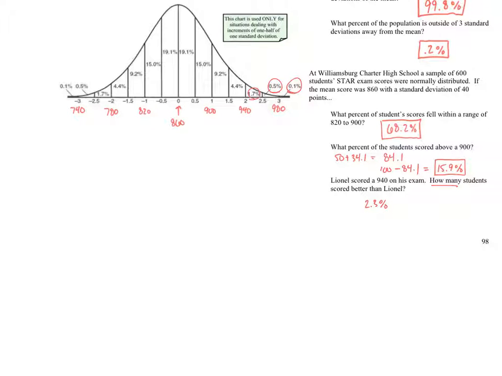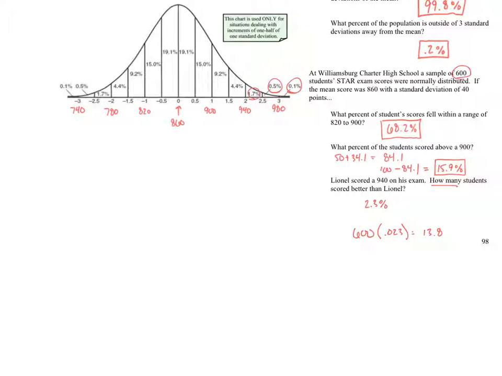So what is 2.3% of 600 students? Well, we'll do 600 times 0.023, and that gives us 13.8 students, which doesn't make sense because we need people, and you can't have 0.8 people. So when we're talking about a normal distribution, when we're talking about statistics and probability, it's all estimate. It's a really good estimate.